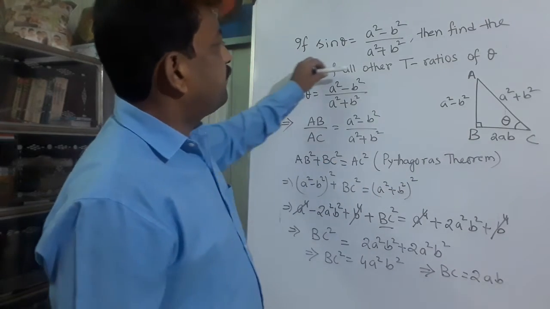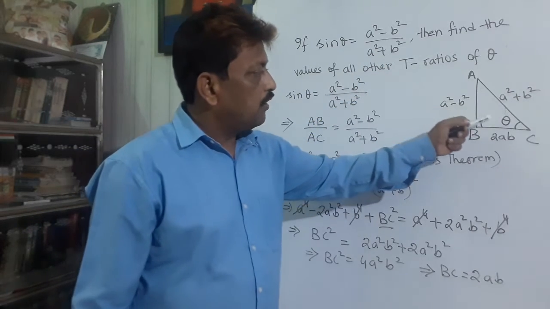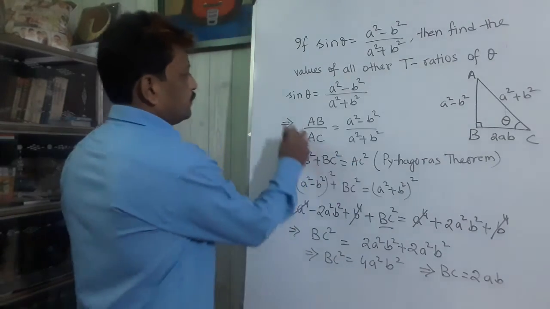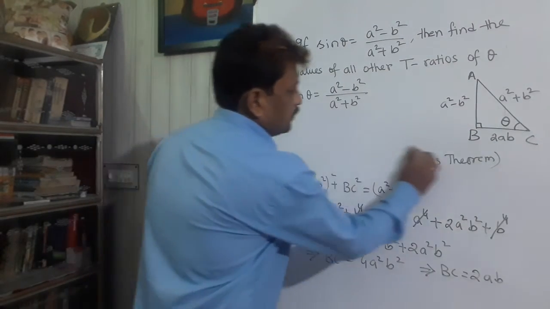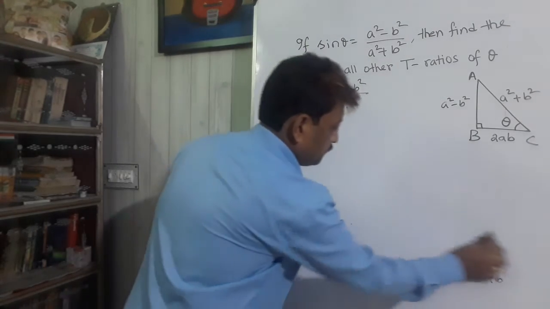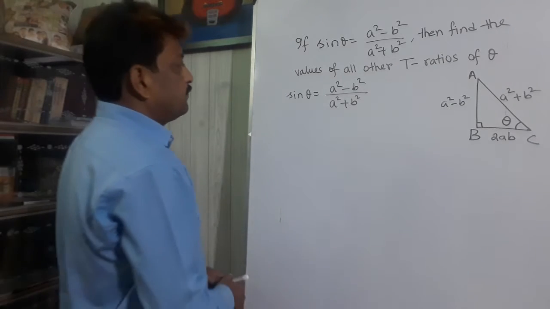Now I have got the lengths of all the three sides, so I can easily find the value of all the trigonometric ratios of the acute angle theta. Let me first erase this. Sin theta is already there.